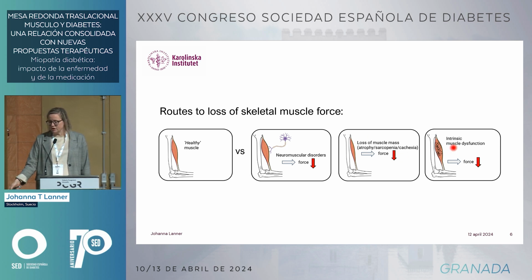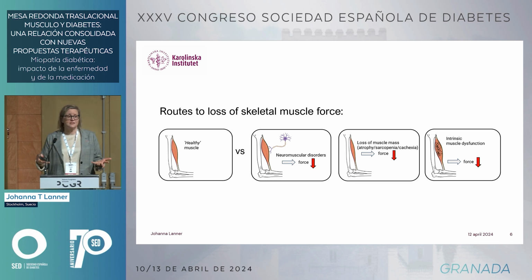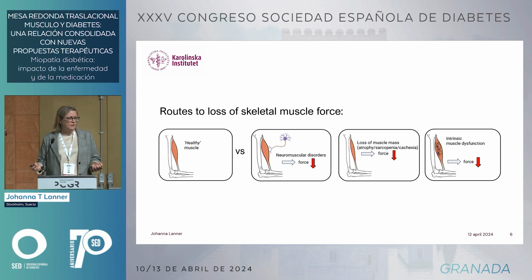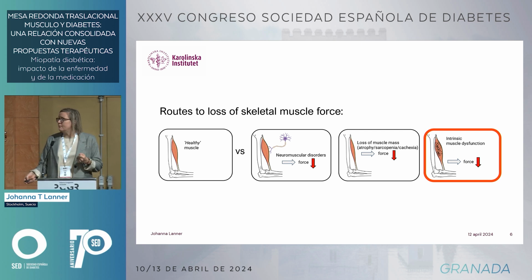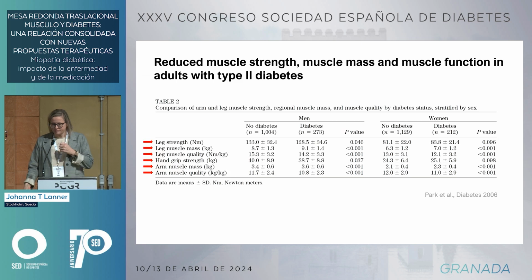But you also have this third thing. When you look at the muscle, it looks normal, has normal size, but still it can't generate force. That's called intrinsic muscle dysfunction. I'll tell you more about that, and that's what we will focus most on. And then we'll hear more about sarcopenia in the next talk.